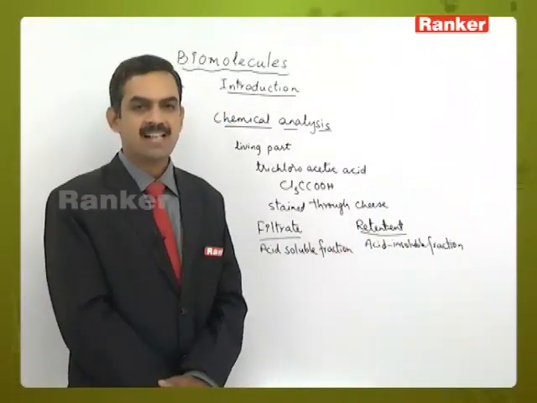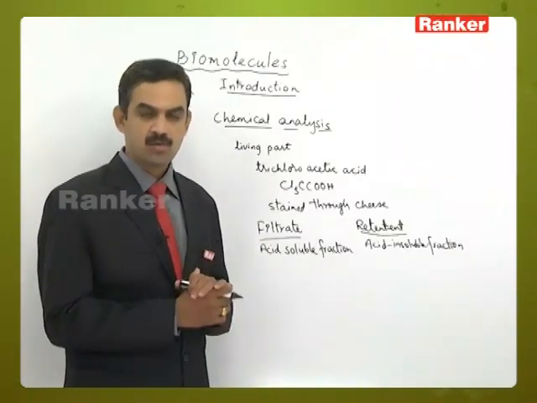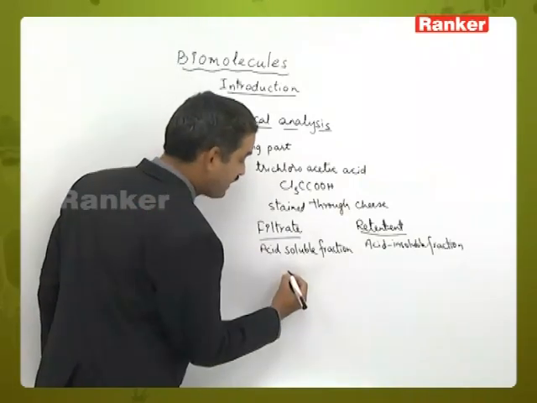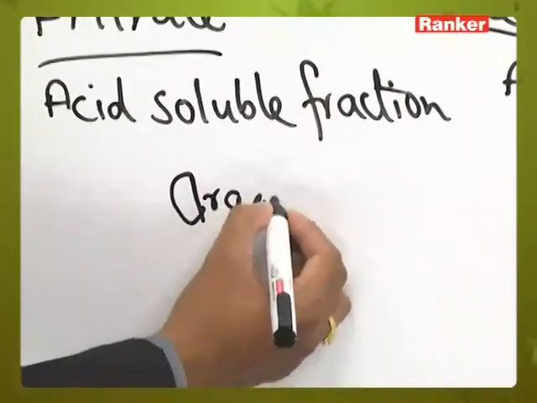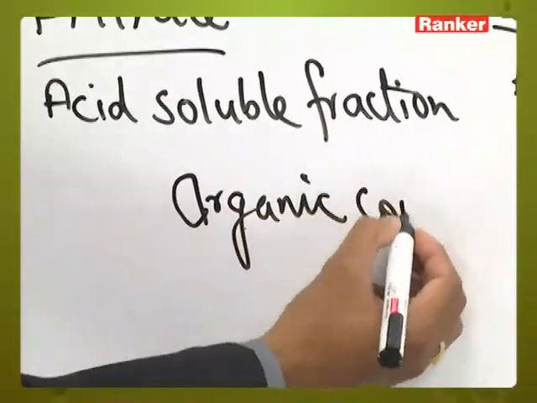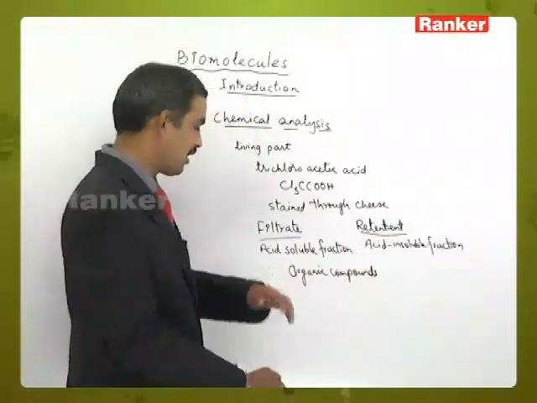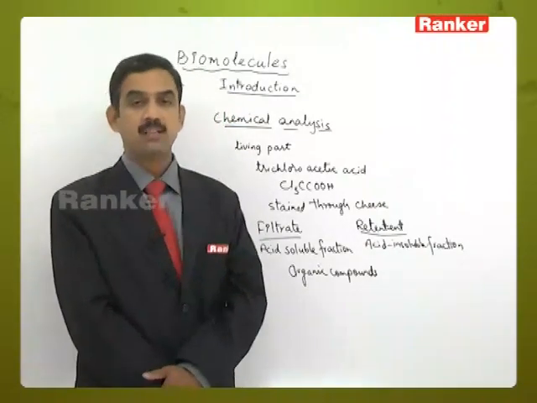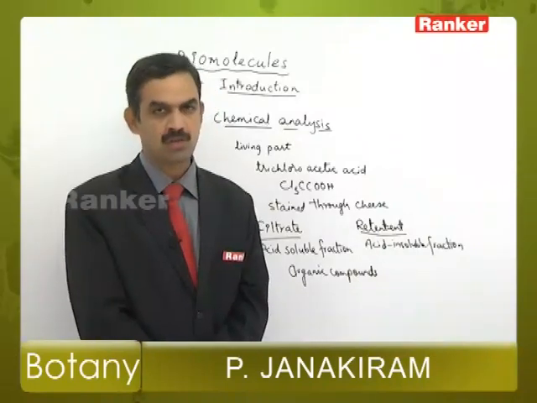The scientists had analyzed the presence of various types of elements or various types of organic compounds present in the filtrate. They find that thousands of organic compounds are present in acid soluble fraction. Of course, it is not only that organic compounds are present in the filtrate part, but many organic compounds are present in the acid insoluble fraction also.